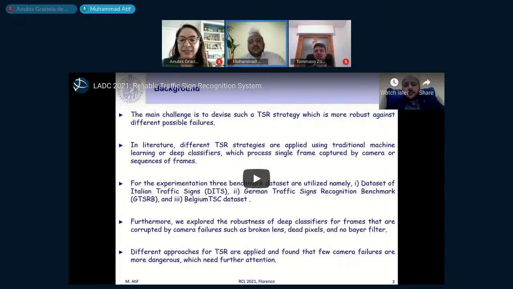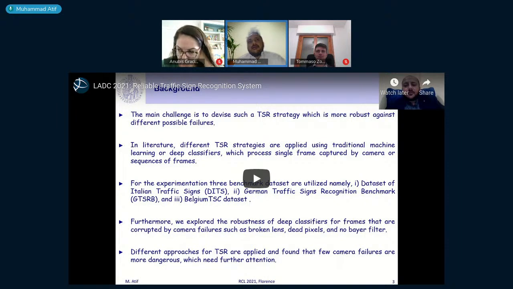Actually, we have performed some experiments. We discussed some camera failures, and there are some changes from the environment, for example, raining or other changes in the environment. So we considered those failures and we applied those to the traffic signs. As we already discussed, on 3 benchmark datasets, we corrupted those frames, and we analyzed that there are some failures which are more dangerous, for example, they are affecting the robustness of the classifiers.